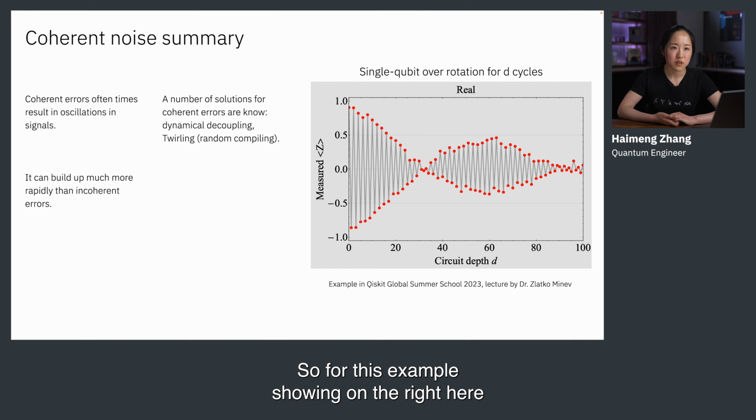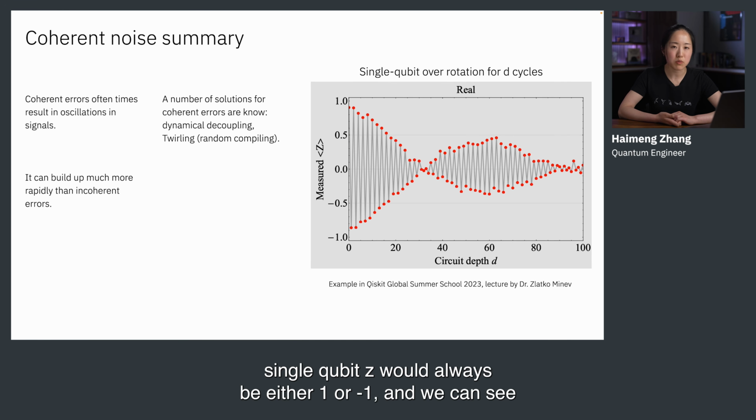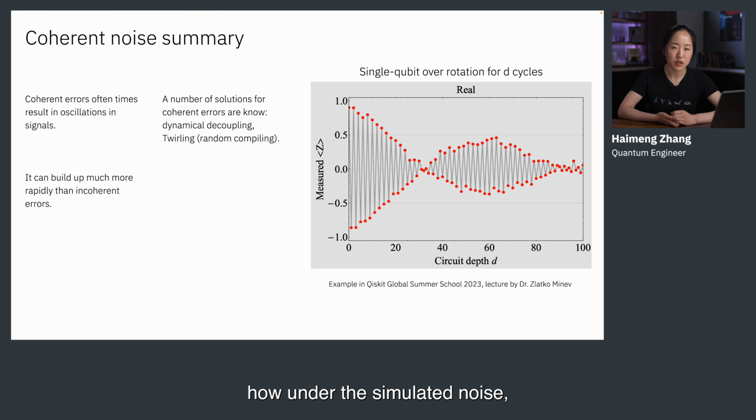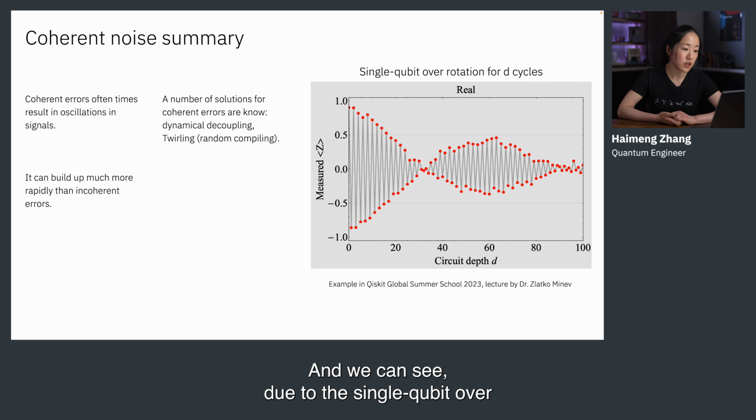For this example, shown on the right here, the ideal expectation values for the observable single qubit Z would always be either 1 or -1. And we can see how under the simulated noise, the signals diverge from that. Due to this single qubit over-rotation error, we see oscillations in the signal.